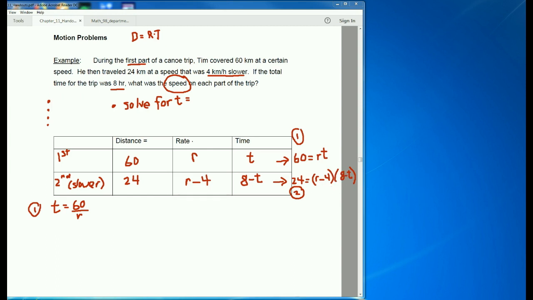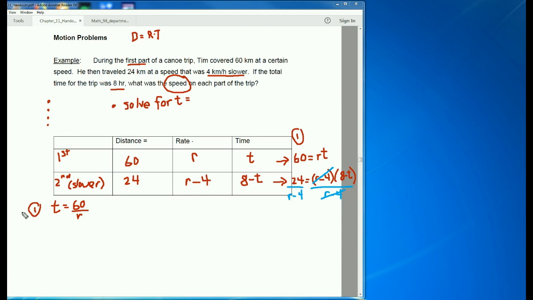So the first step is we're going to divide both sides of the equation by r minus 4, because that cancels here.